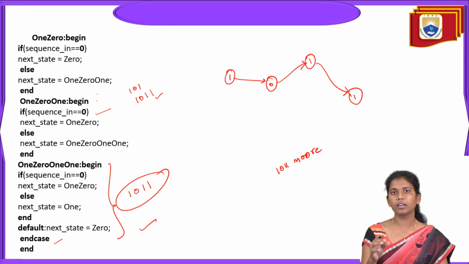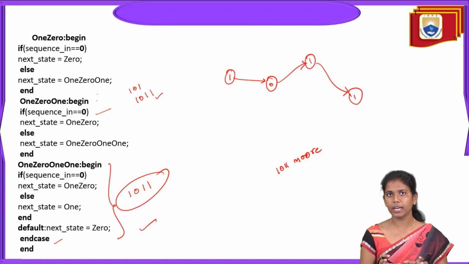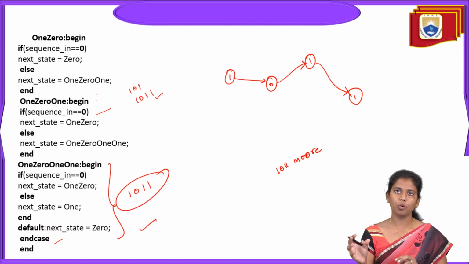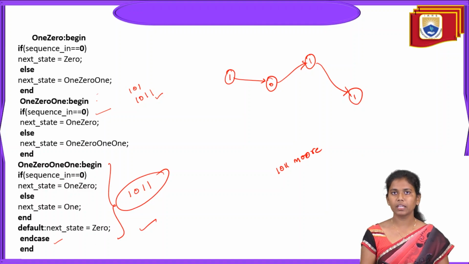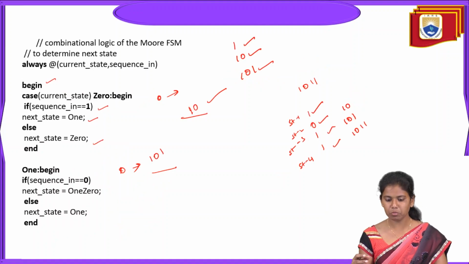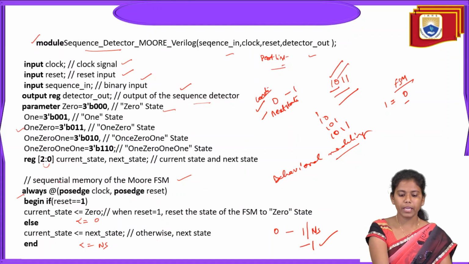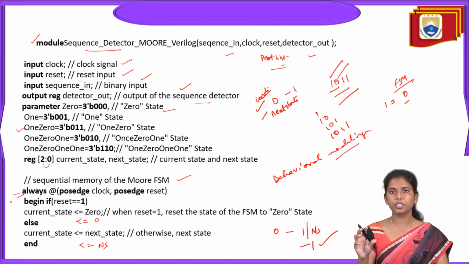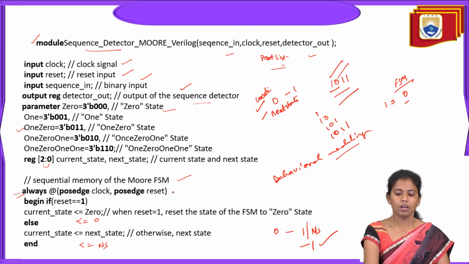In the Moore detector, the module instantiation has to be done first, with the name and the port list, and then the input output declarations, and then coming to the sensitivity list. The sensitivity list is all about the behavioral modeling. You are writing your code in behavioral modeling, right? So always @ posedge is the sensitivity list.